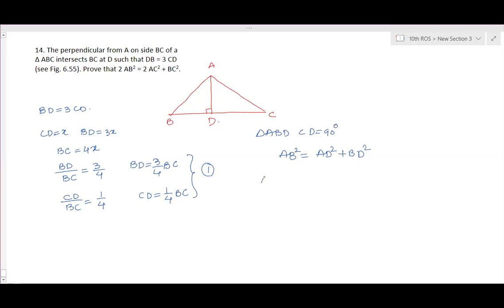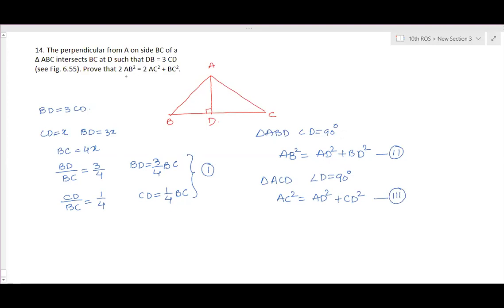So for triangle ACD, angle D is equal to 90, AC square is equal to AD square plus CD square. Now this is equation 2 and this is equation 3.